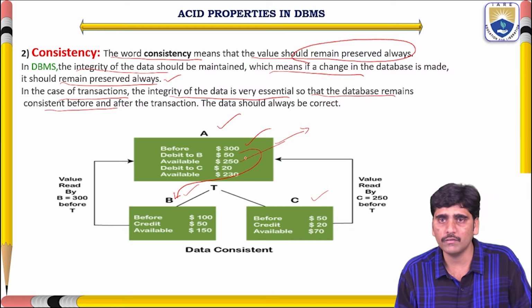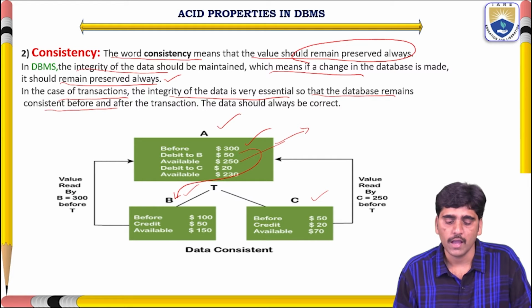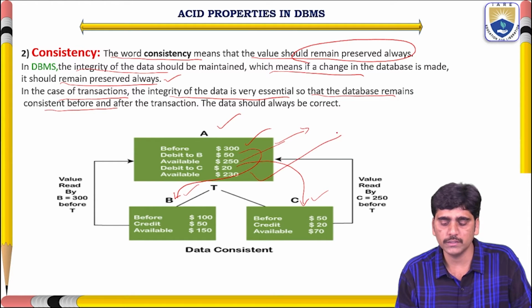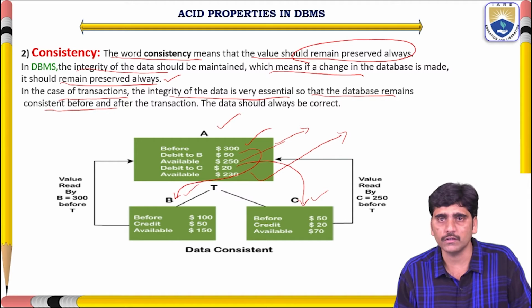So now the amount he has is 250 rupees. Again he wants to debit 20 rupees to the C account holder. So after debiting 20 rupees from A account holder, what will he have? 230 rupees he will have. So now he is debiting 50 rupees to the B account holder as well as debiting 20 rupees to the C account holder.